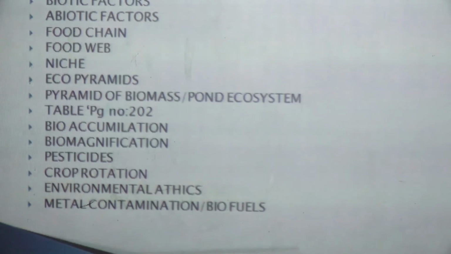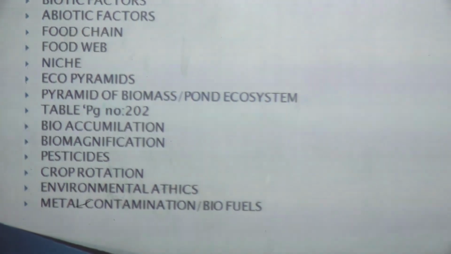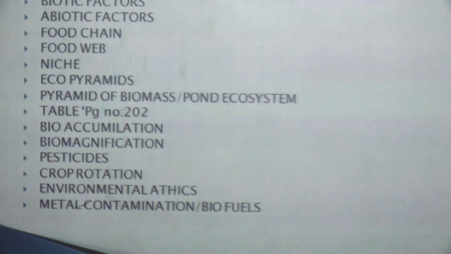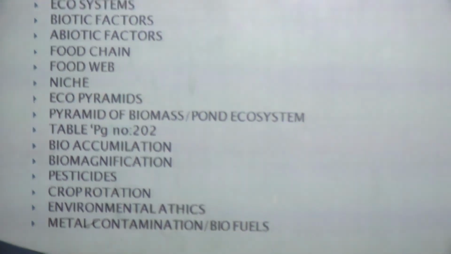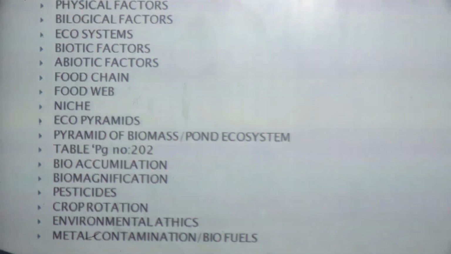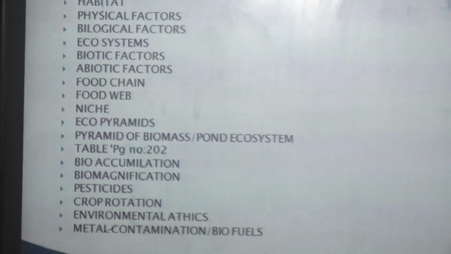Then metal contamination in the water. Water resources are very important and very limited for us human beings, and they are also very limited and important to the industries. Industries are releasing some kind of metals into the water, so those metals are dissolved in the water and contaminate our drinking water.